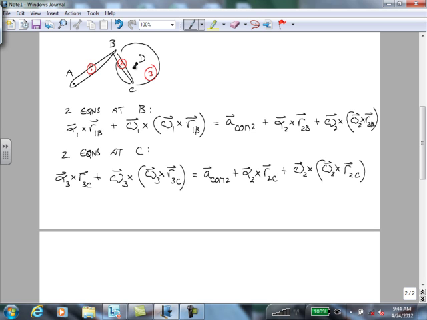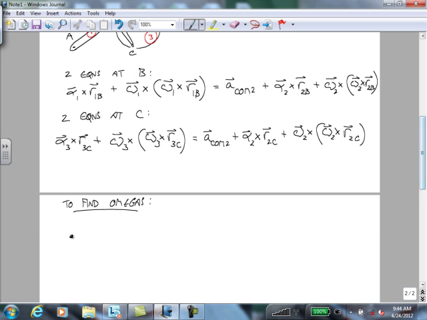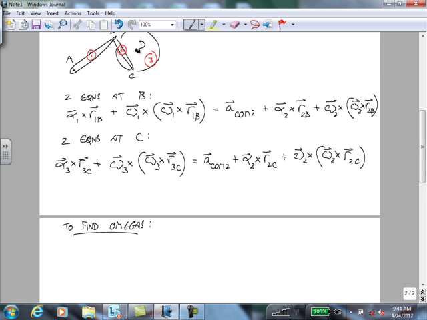So to find the omegas, let's say we start at D, we know D. So the acceleration of C has to be equal to alpha 3 cross R, let's say, this R is the vector going to C from D, plus omega 3 cross omega 3 cross R to C from D.